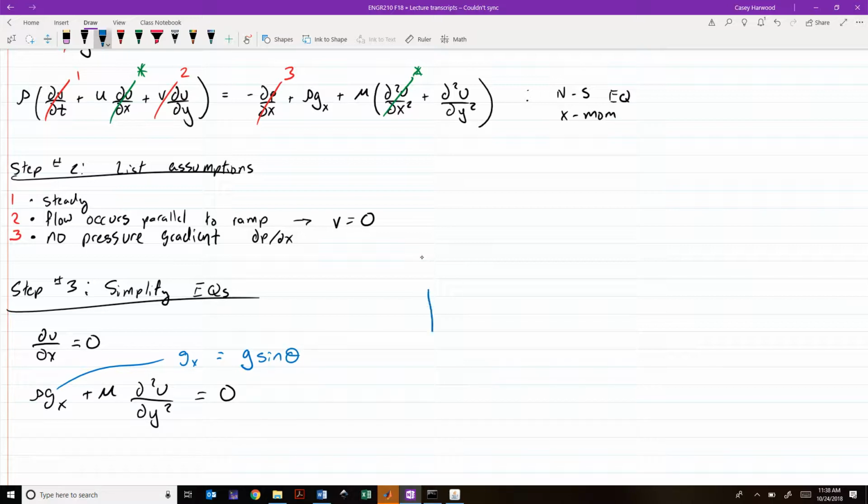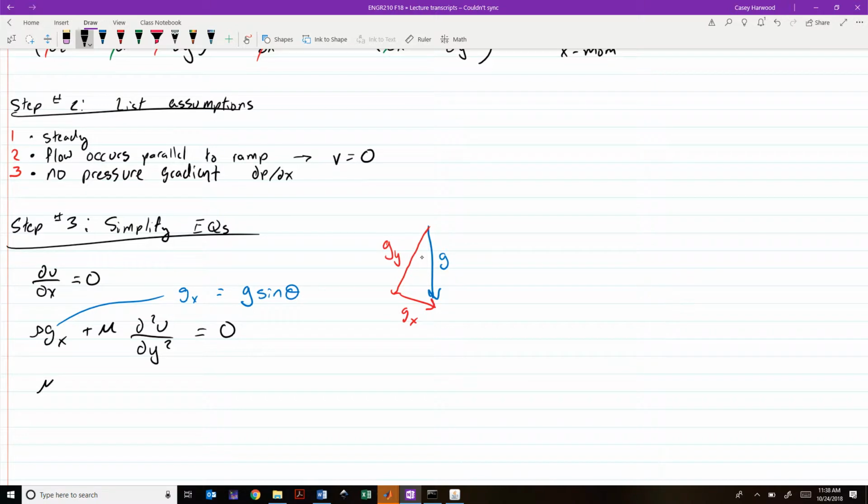That is because this is g, here's gy, and here's gx. So the direction of gravity acting parallel to the ramp is the direction that the block is sliding.